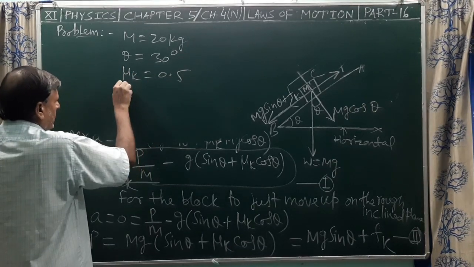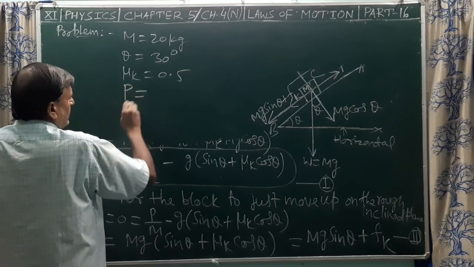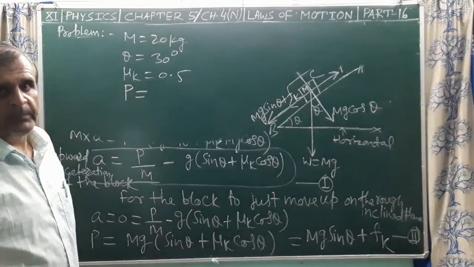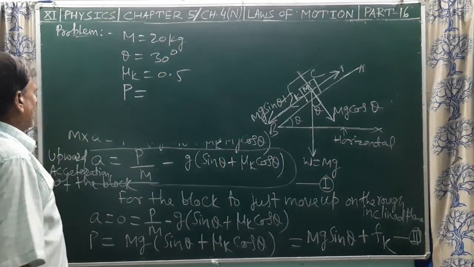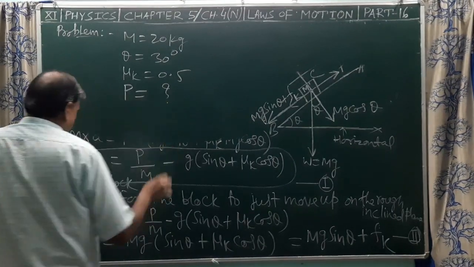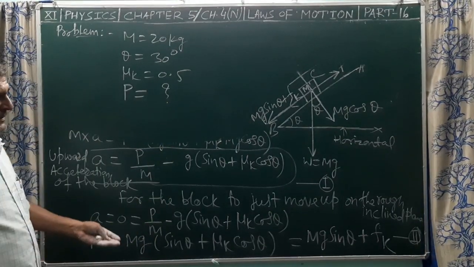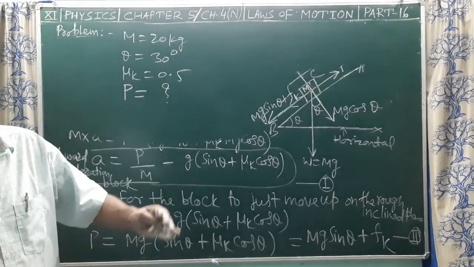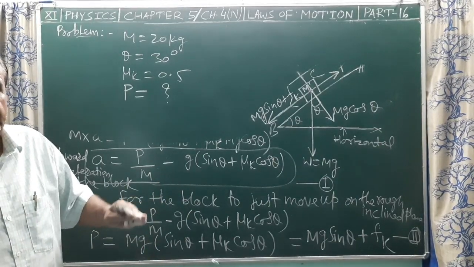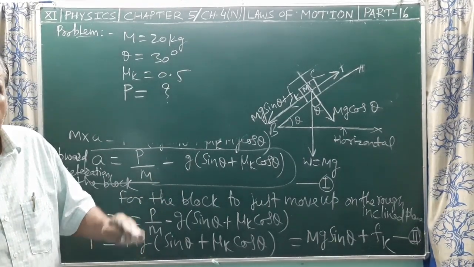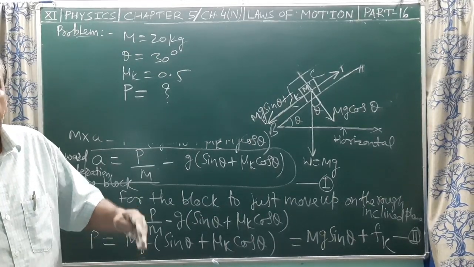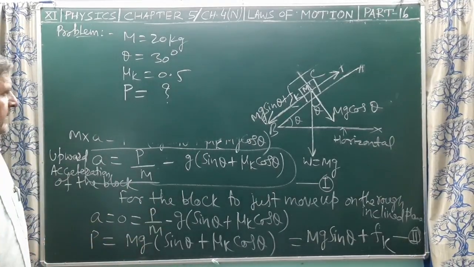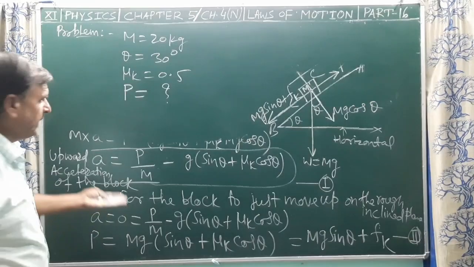We have to calculate the minimum force needed to pull the body up. So P is equal to what? Using the formula for minimum force, which is required to pull the block just upward over the rough inclined plane without acceleration. Acceleration is 0 in that case.